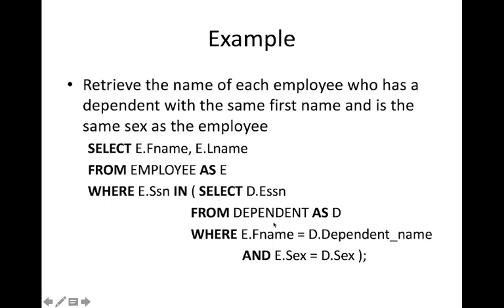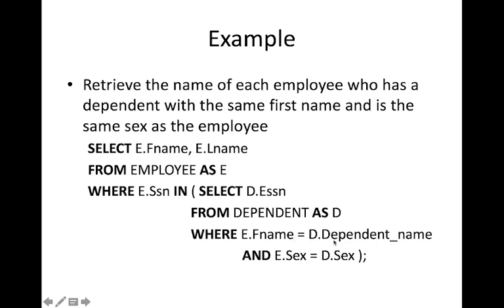In this inner query, we are comparing the sex with the employee sex, so there is some relationship between them. Also, the dependent name and F name are compared. So we are comparing with the employee, that is the outer query. We are comparing some attribute of the inner query with the outer query's attribute. So these two are known as correlated queries.